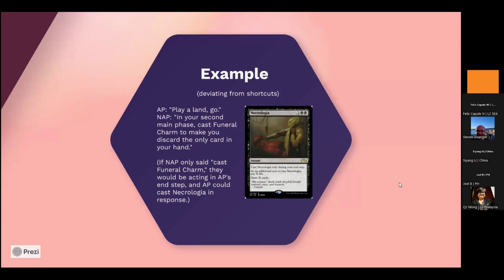If the non-active player just said, cast Funeral Charm and said nothing else, then we go back to the shortcut policy, which says the official meaning of this is that they're casting Funeral Charm in the end step. And in that case, because they did not deviate from the shortcut, the active player can respond by casting Necrologia because it is the end step.